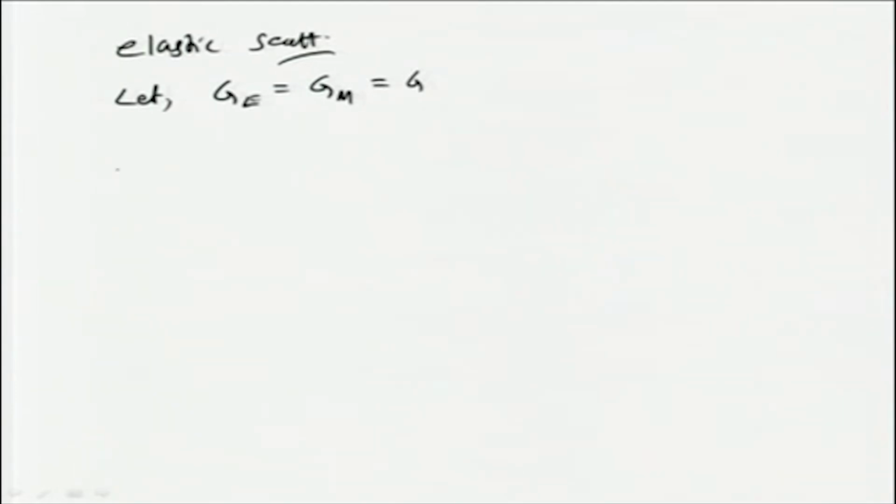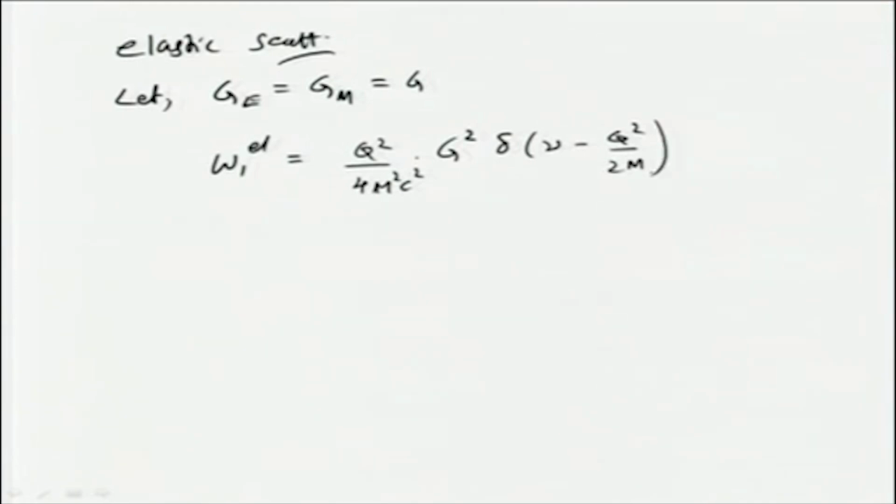So, G_E is equal to G_M and denote it by some common G. In that case, if you compare the Rosenbluth and the inelastic case expressions, then you can see that W₁ elastic corresponds to q²/4m²c² times G² times δ(ν − q²/2m). You remember the elastic case, ν is always equal to q²/2m.